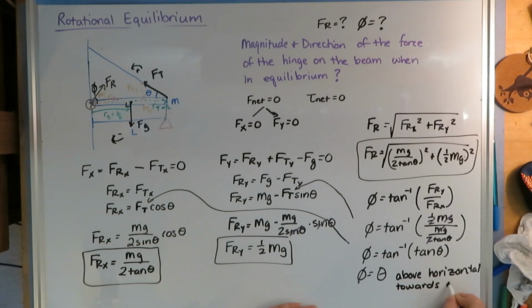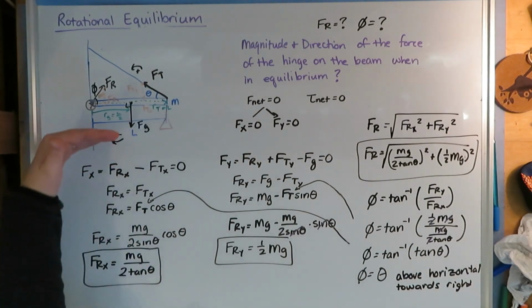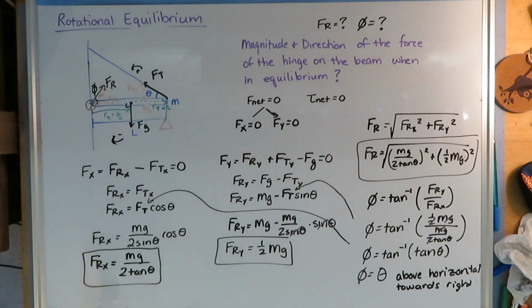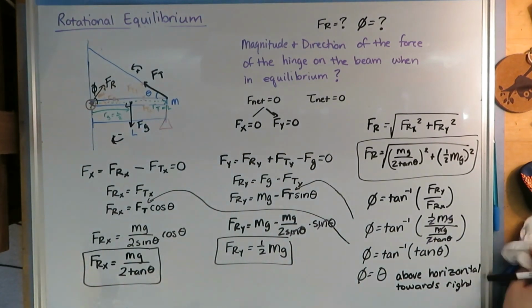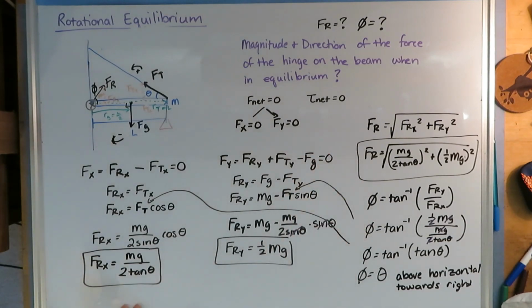It's not a really good way to put it, but if I had to describe the direction of FR, it's above the horizontal and towards the right at this angle of theta. Or I could maybe say above the right horizontal, something along those lines. Sometimes you won't have to find the whole magnitude. For example, if you just wanted the X and Y components, it would be something along these lines, and then that would give us the direction.